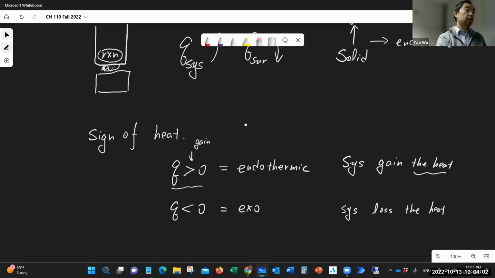If it's negative, we need to subtract the heat, so the system loses heat. That makes sense, right? Very important, because we do test this. What does positive mean? What does negative mean? Positive means endothermic. Negative means exothermic.